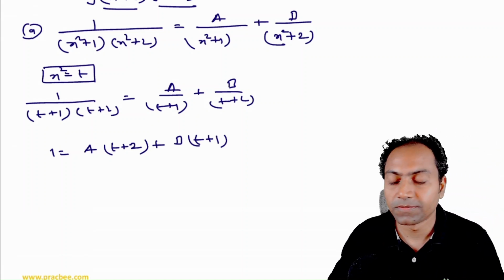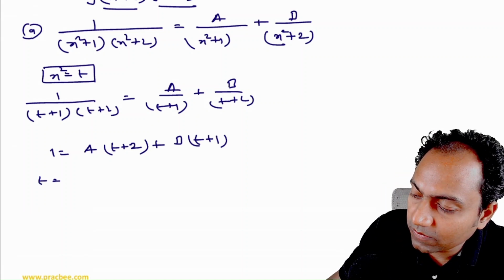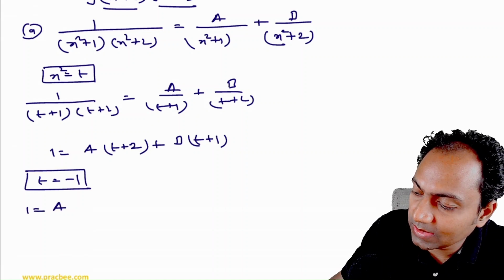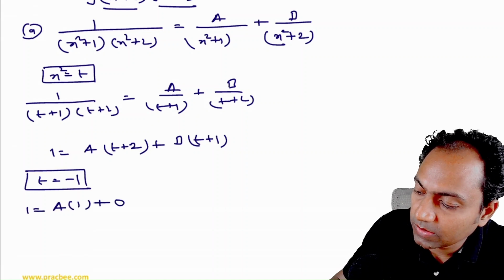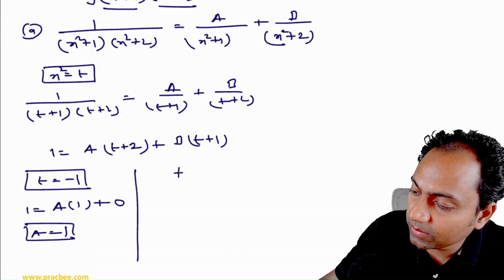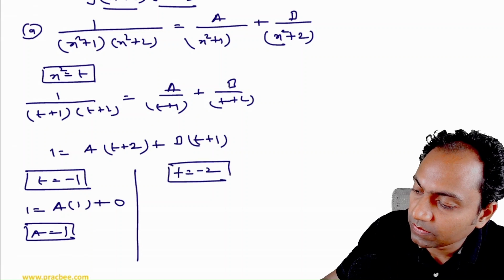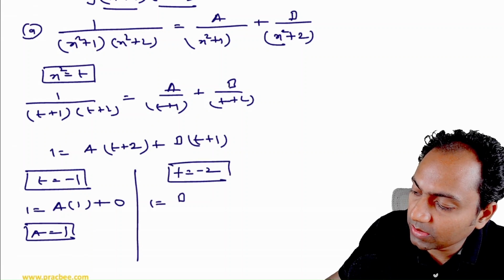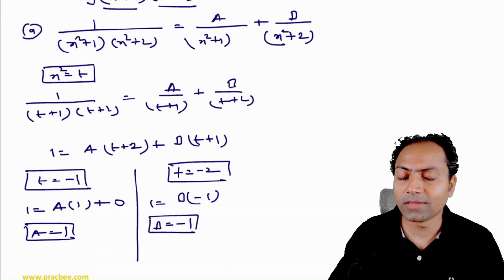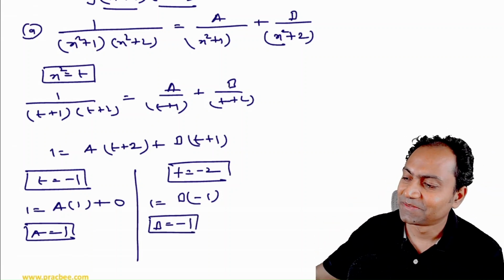Now in order to find the values, we put t as minus 1 first. This becomes exactly like the first question that we did, and the value of a came out to be 1. In the second part, I can put the value of t as minus 2, and this becomes b into minus 1. So the value of b comes out to be minus 1. This is exactly the first question that we did on partial fractions.